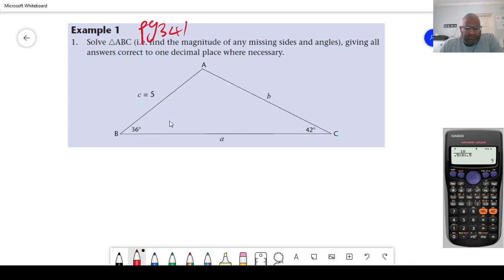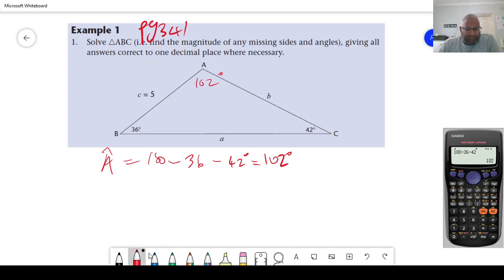We can start off by saying there's an angle there, so we can calculate angle A. Angle A is equal to 180 minus 36 degrees minus 42 degrees, which gives me an angle of 102 degrees. So let's fill this in on the diagram.